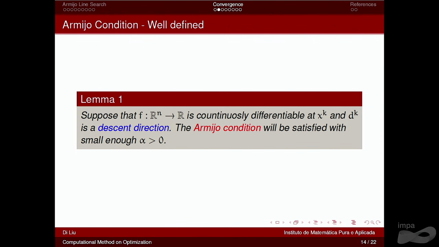Then we can get this well-definedness lemma, which says for small enough alpha, the Armijo condition will be satisfied if your f is continuously differentiable at x_k and d_k is a descent direction.